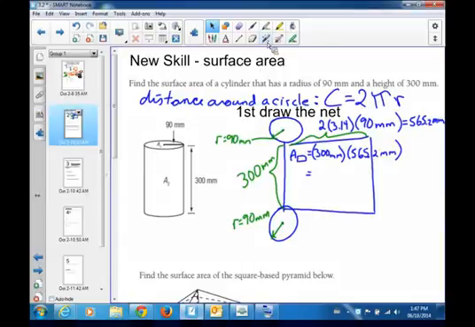That's a big number. 169560 millimeters squared. Now, we still haven't figured out what the circles are, but we can.